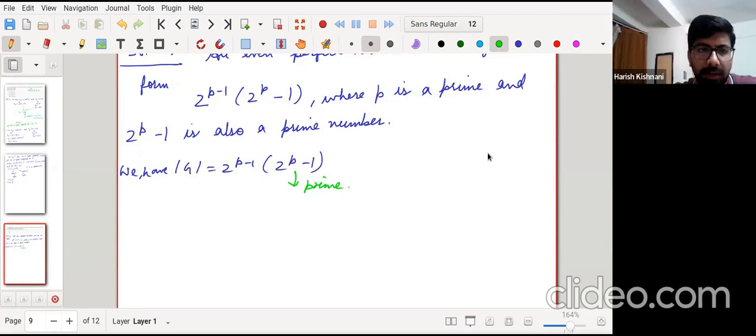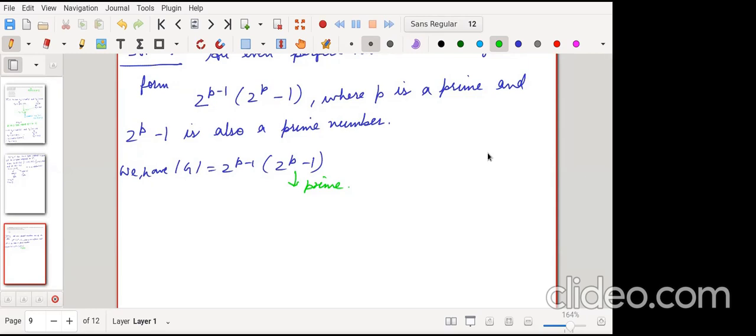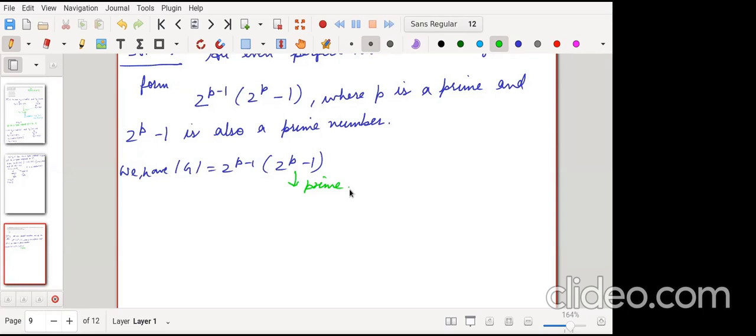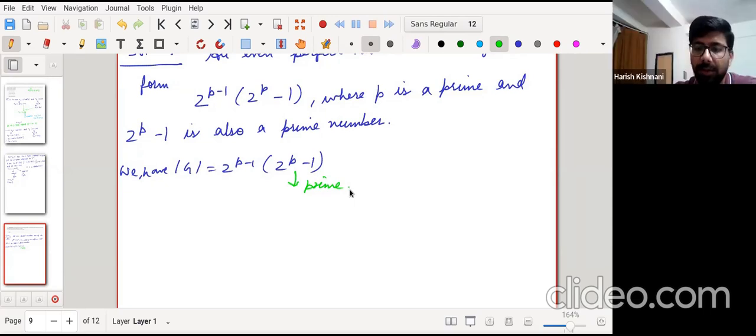Except Shalini, does anyone else want to say something? 2 raised to the power p minus 1, yes.